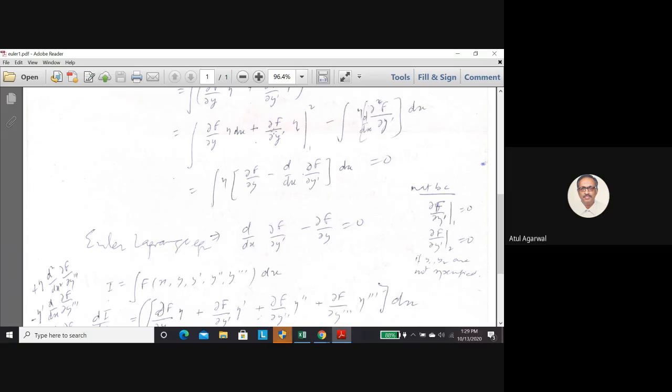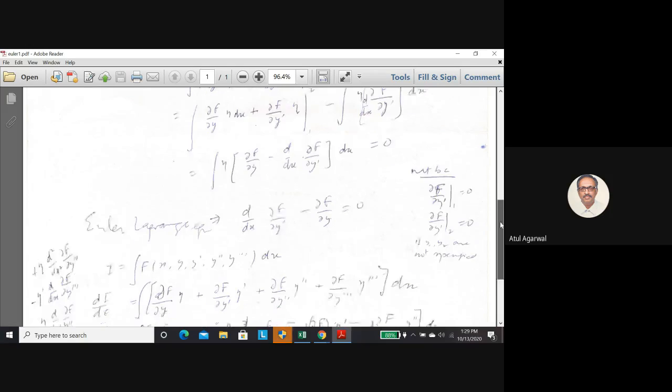And what are your boundary conditions? You see here, either eta was 0 at 1 and 2, if you are given the values at 1 and 2, or this value should be 0. So these are your natural boundary conditions. You have to take the derivative of f with y prime at 1 and 2 to be 0, if y1 and y2 are not specified.